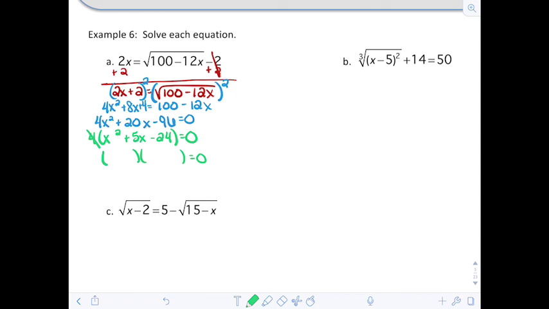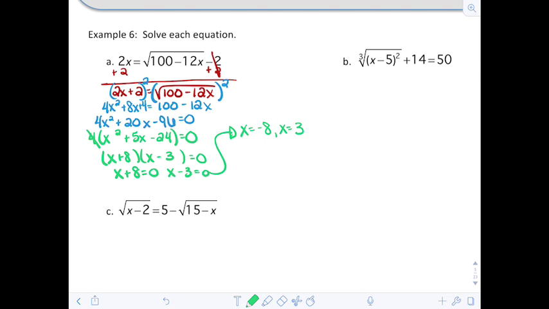Two factors that multiply to give me negative 24 and add up to give me 5 are going to be positive 8 and negative 3. So I would have x plus 8 and x minus 3. Setting both of these factors equal to 0, I would get x equal to negative 8 and x equal to 3.